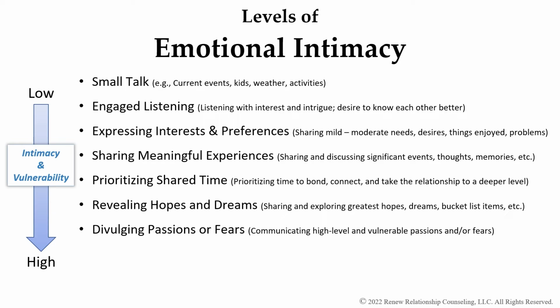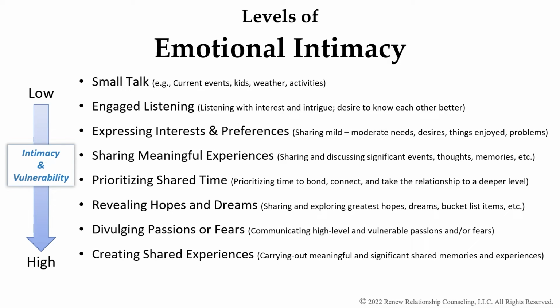So let's go even a little bit further. Creating shared experiences. So carrying out meaningful and significant shared memories or experiences with another person. As we talked about revealing hopes and dreams, we're talking about those passions that we have in our world, right? This is taking those things and implementing them in our relationship in a way that I'm having some of these experiences with that most meaningful person.